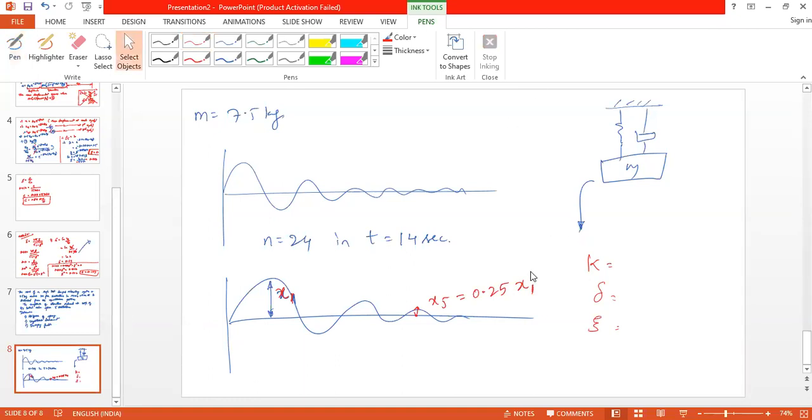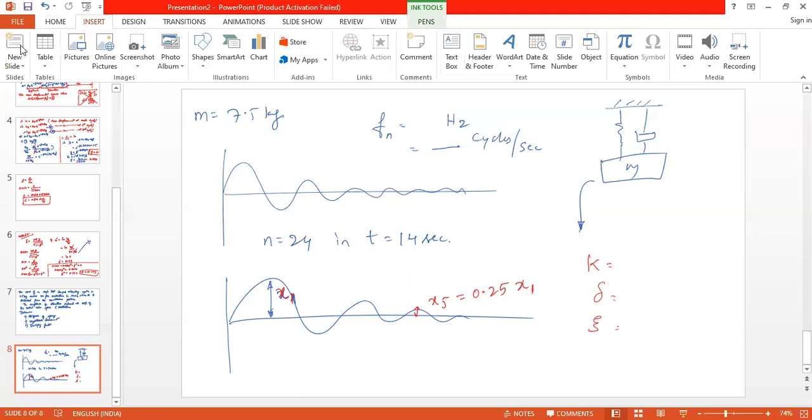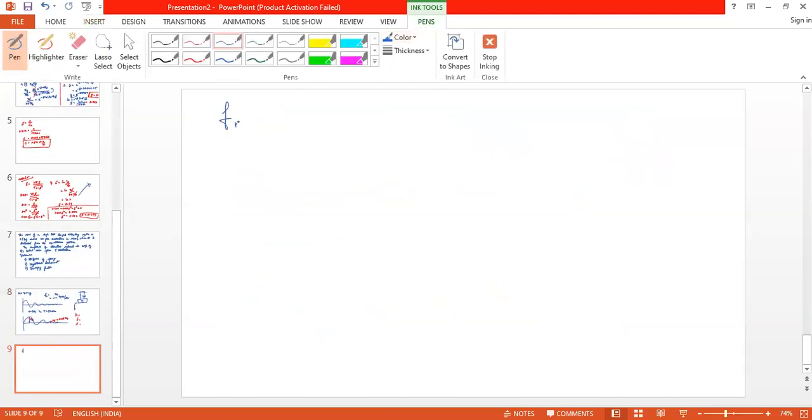Okay, so how to find fn, the natural frequency in terms of hertz? What is hertz? It is cycles per second. So fn is equal to 1 by 2 pi omega n. You know this relationship, and fn is cycles per second.